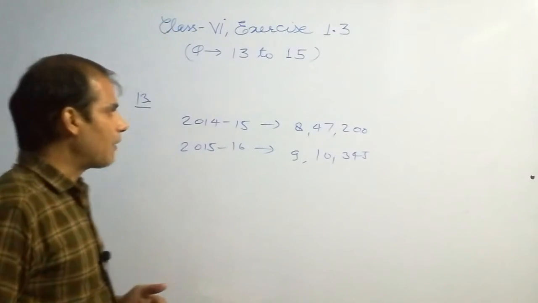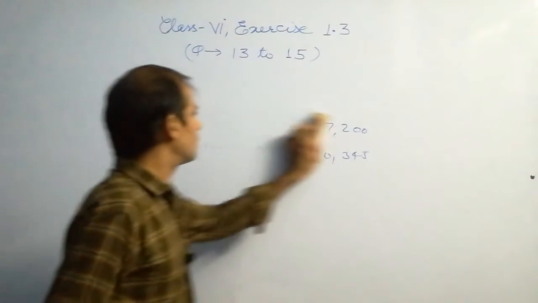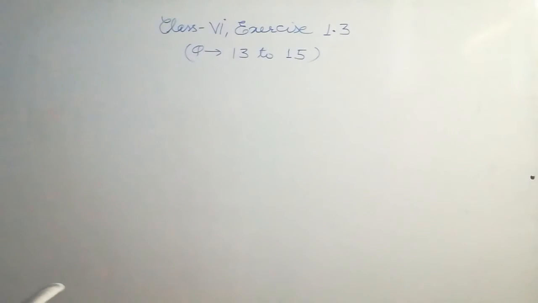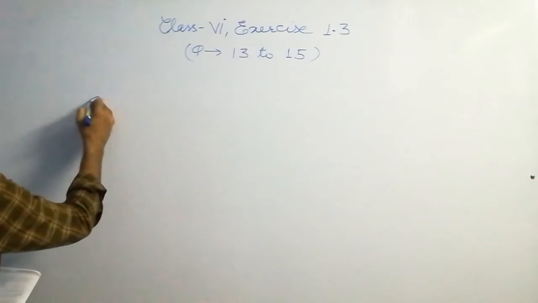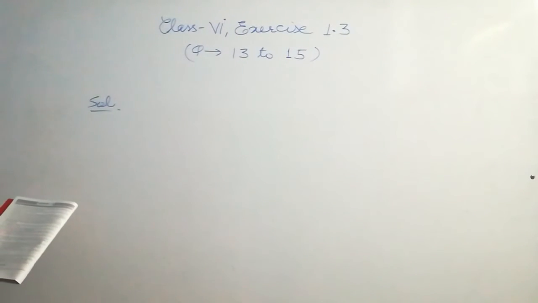Then we have to perform subtraction. So to find more TV sets in any one of the years, we have to perform subtraction. Then I am going to write steps, okay. So in a proper way, what are the steps?